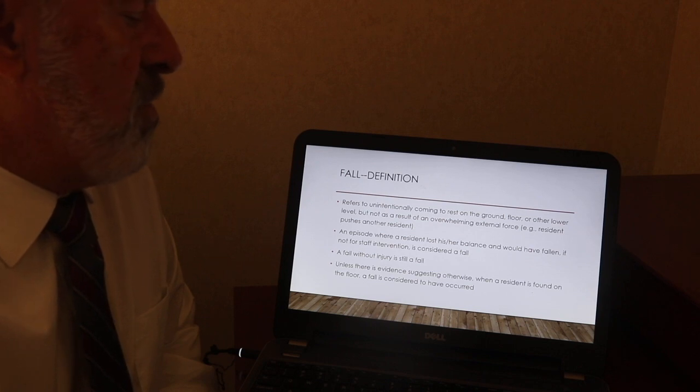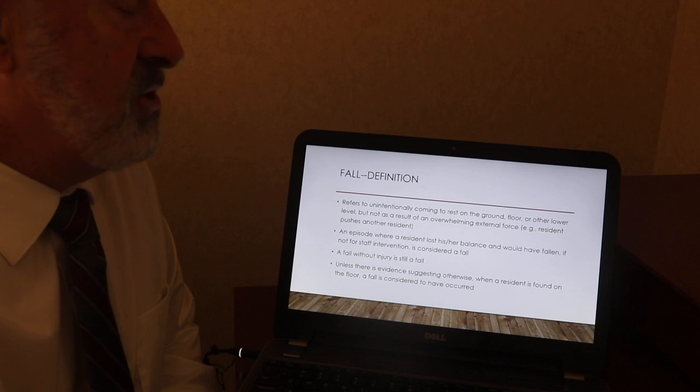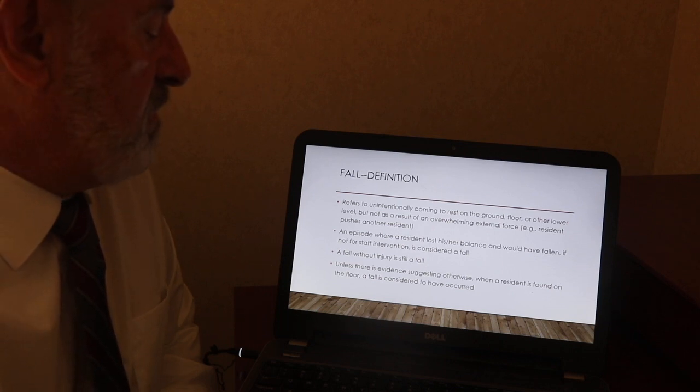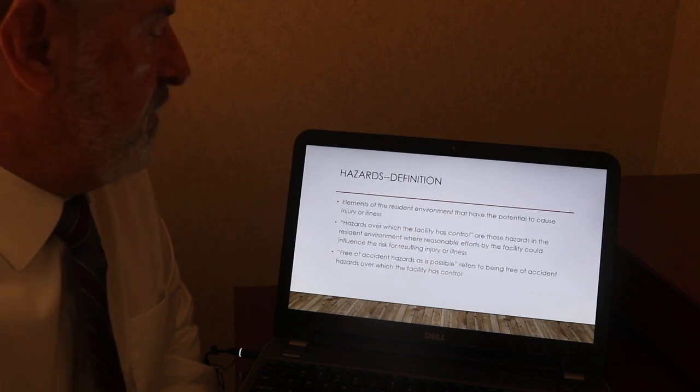An episode where a resident loses their balance and would have fallen if you would not have intervened is also considered a fall. A fall without injury is still a fall, unless there is evidence suggesting otherwise. When a resident is found on the floor, a fall is considered to have occurred.